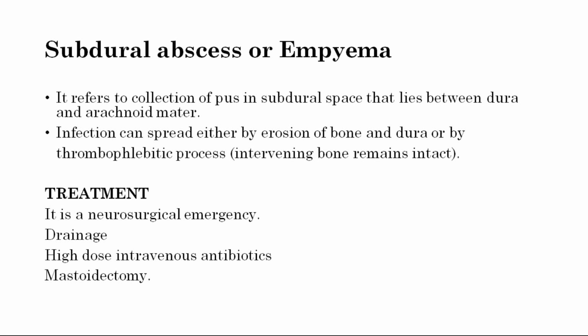This is a potential space, and the subdural space is divided into different compartments by the foramen magnum, the tentorium cerebelli, the falx cerebri, and the base of the brain. So these four structures divide the subdural space into multiple compartments.